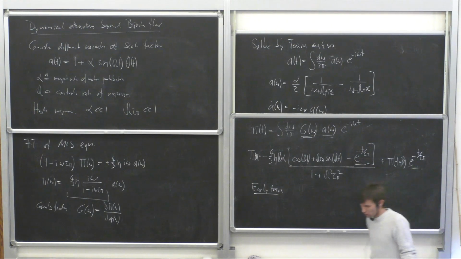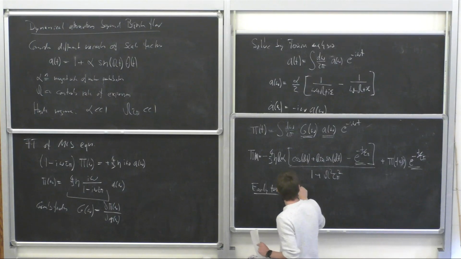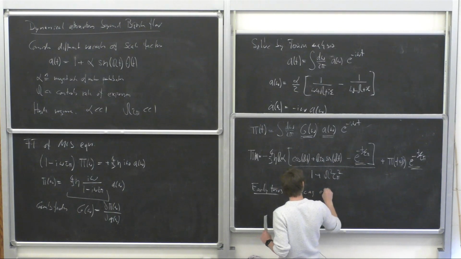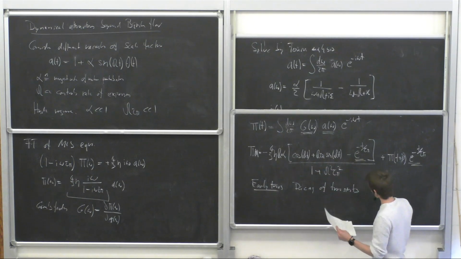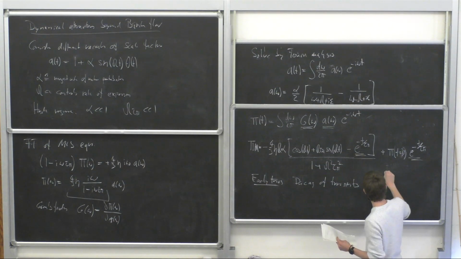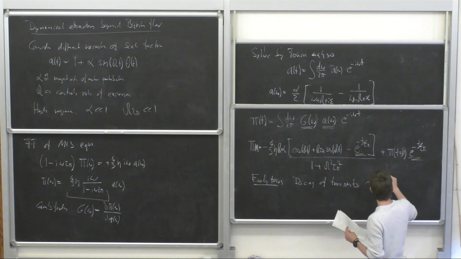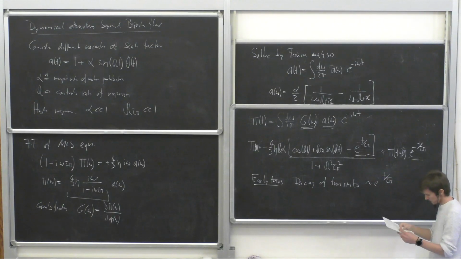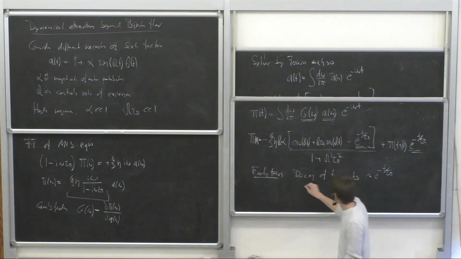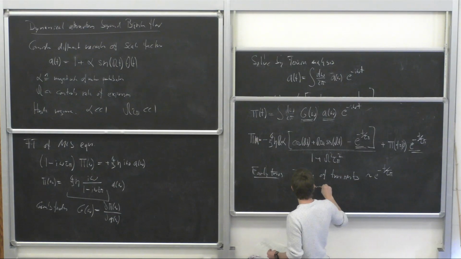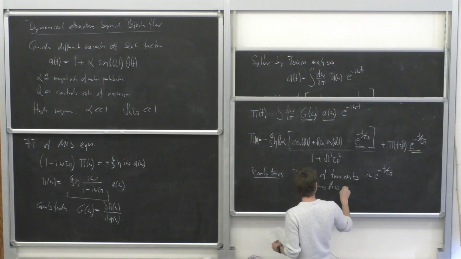So we have a decay of transients, which go as e to the minus t over tau pi, and on this time scale we also have memory loss about initial conditions.